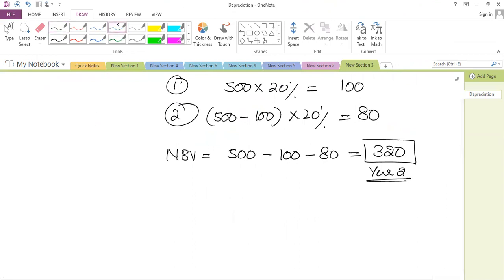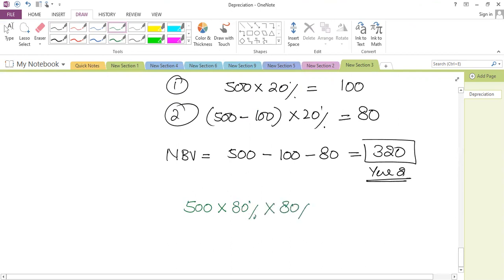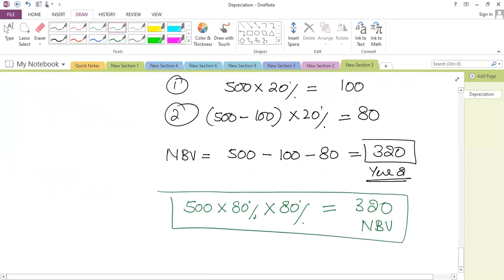And if you have to find this directly, then you can identify the net book value as 500 original cost, multiplied by, if depreciation is 20%, the remaining value is 80%, and 80%. So in this way, this is 320, directly the net book value. Similarly, if you have to identify the net book value at the end of year 3, multiply 0.8, 0.8, 0.8, and you will get the net book value.